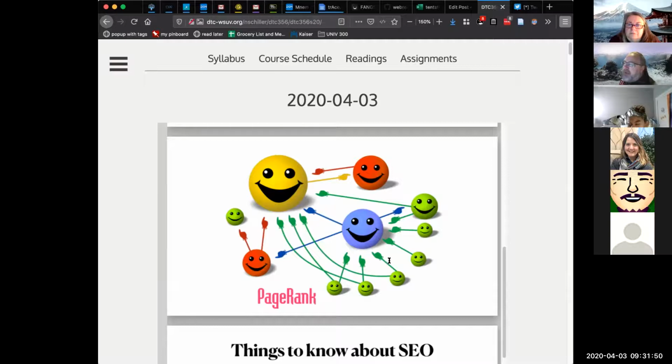So this is a big part, less so than it used to be, but still a big part of the difference between showing up on Google's SERP on the first page or the third page.